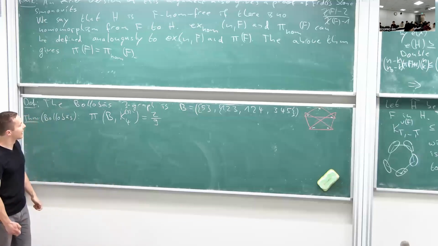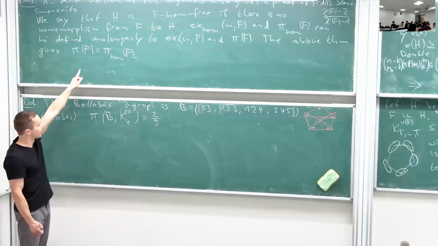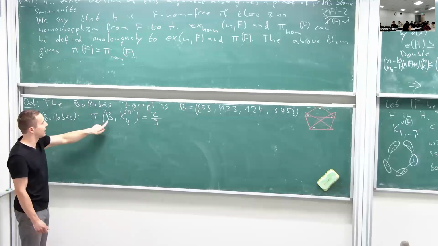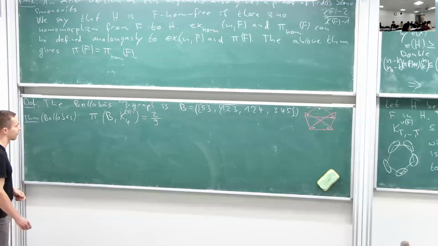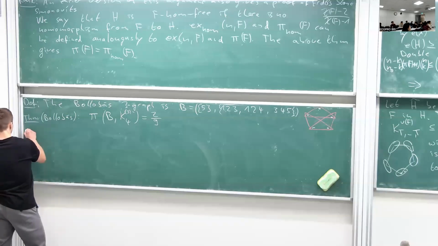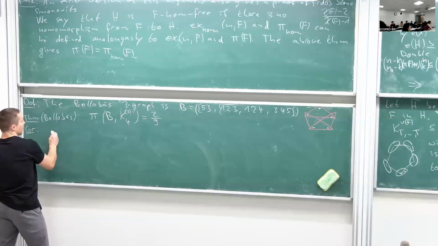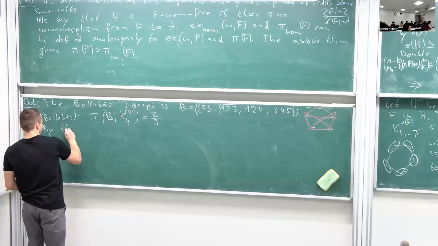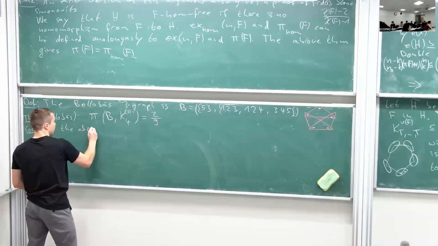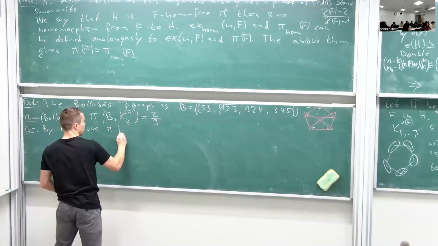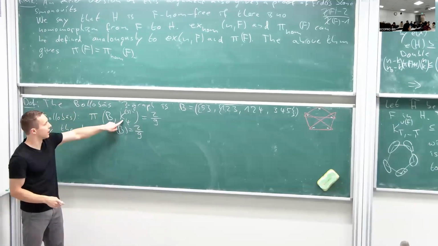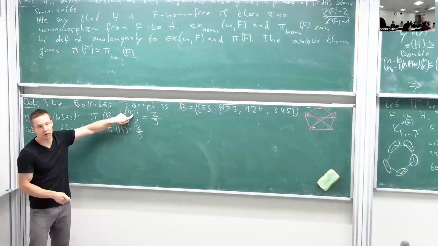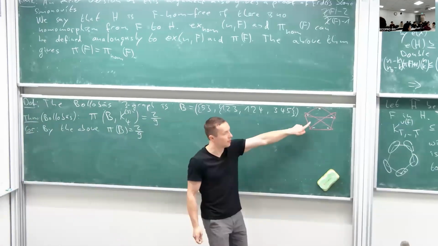Okay. But now, because of this result, we actually have that this implies that the Turán density of this K-graph by itself is 2/9. So why is that? Because the K4 minus is a homomorphic image of this one, right?